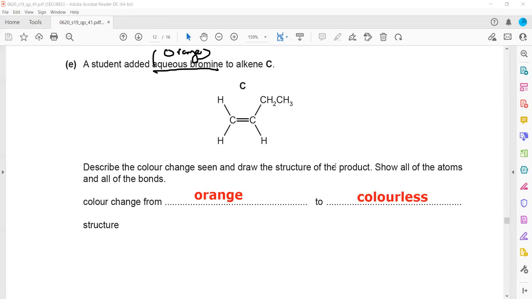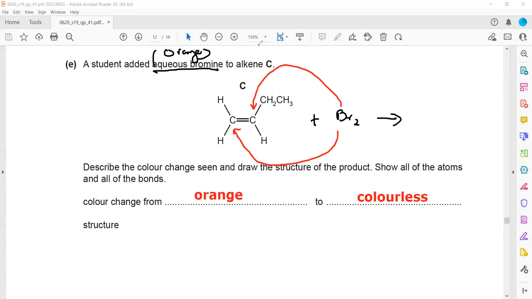Then we have to draw the structure of the product. Remember, whenever any alkene reacts with bromine, Br2, there is always an addition reaction. One bromine is added to the first carbon which has the double bond, and the second bromine is added to the second carbon which has the double bond, and the double bond will break.